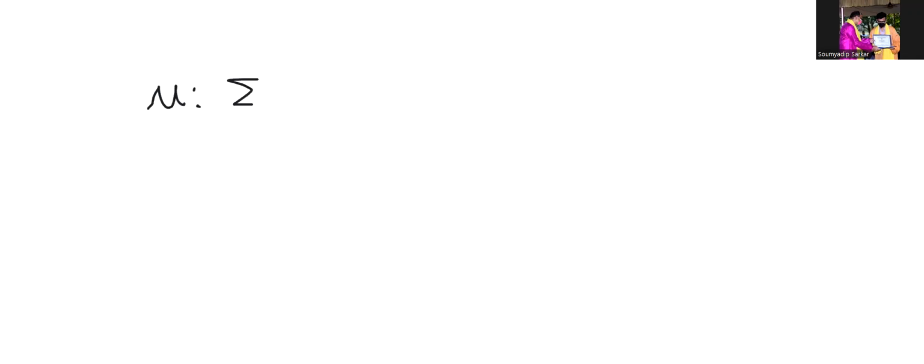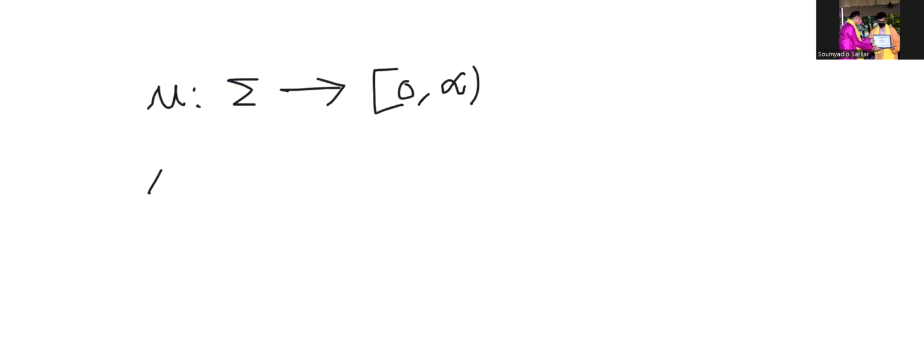To each element of sigma, that means each member of the collection of subsets that we have chosen, we want to attach a number, or more precisely a non-negative real number, following some rules. Now, what are the rules?